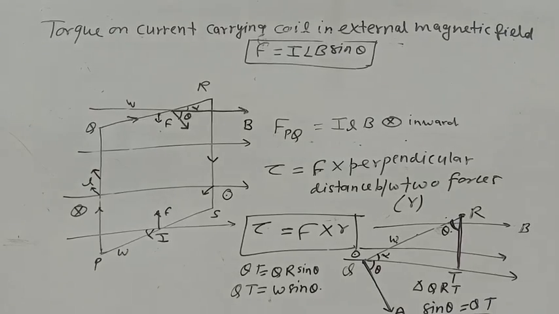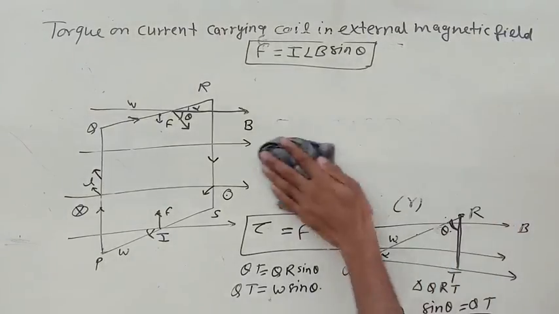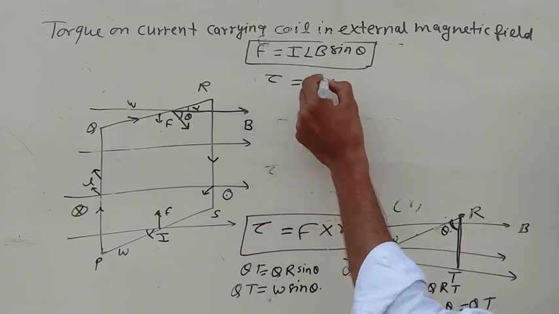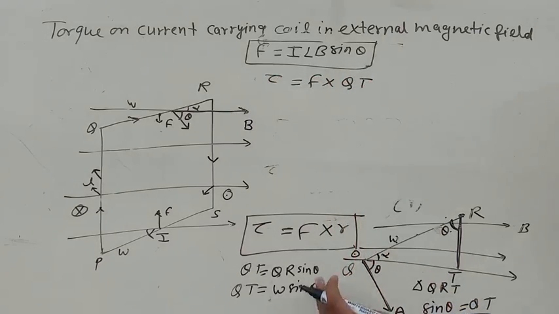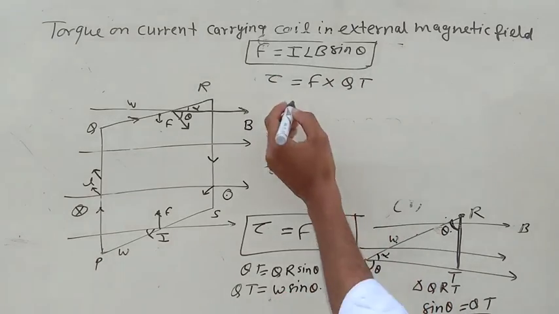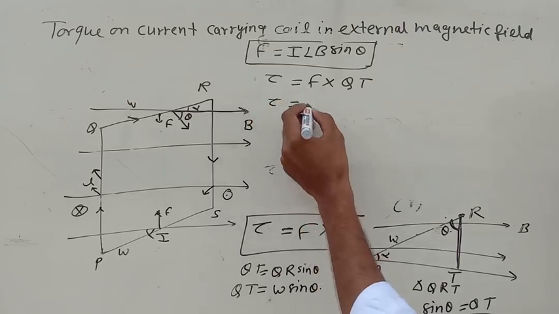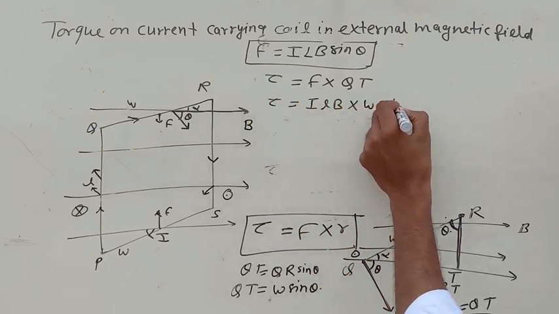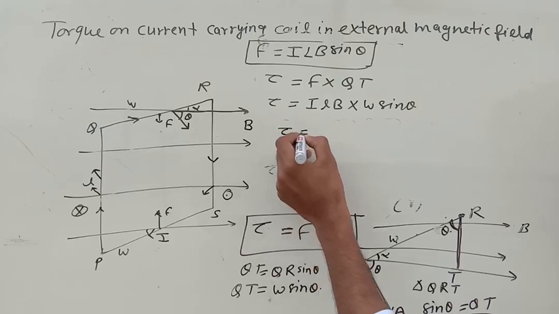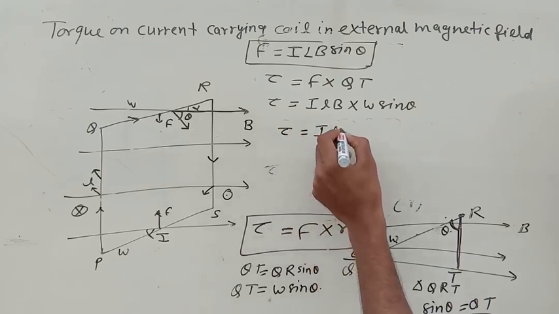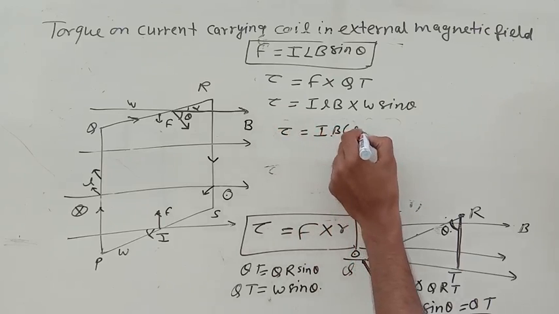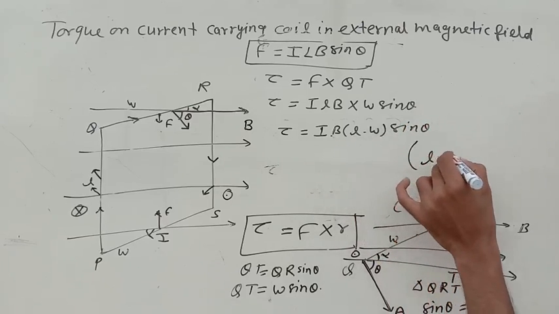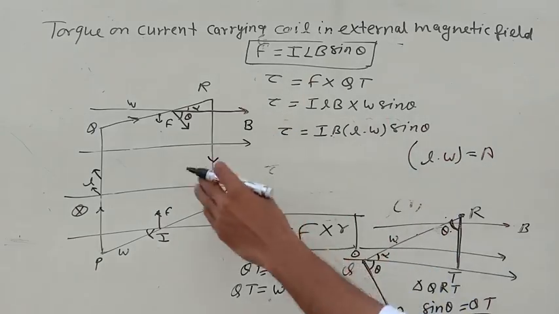Okay, so the formula for torque is F into R. This is basically tau is equal to force into QT, and QT is W sin theta. Then this force is ILB into W sin theta, and this tau is equal to I B L into W sin theta, and L into W is the area of this coil.